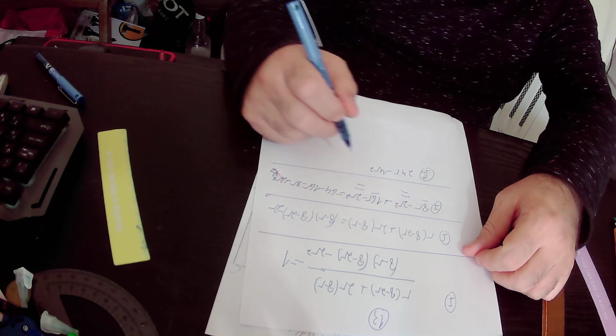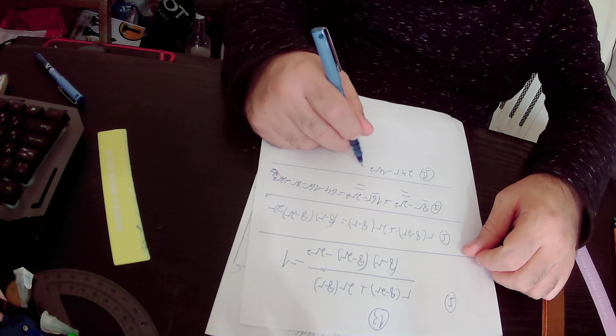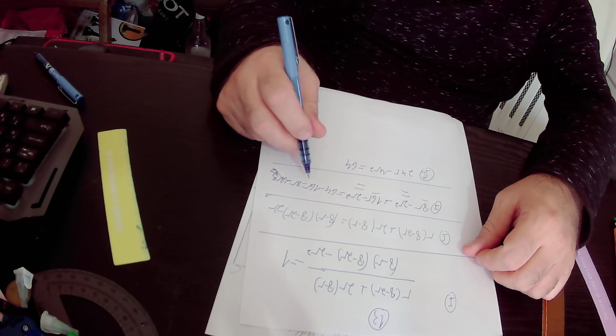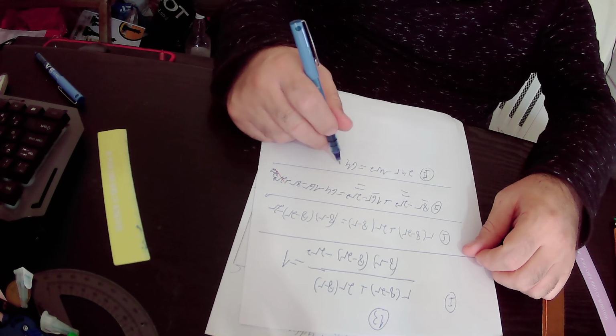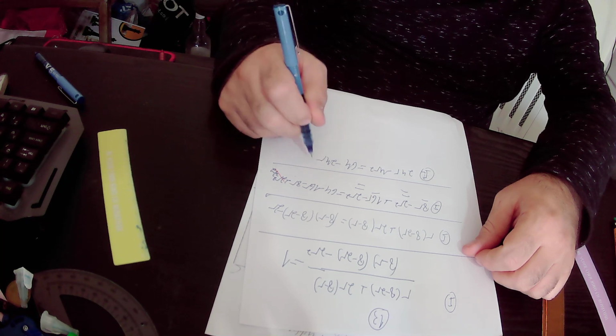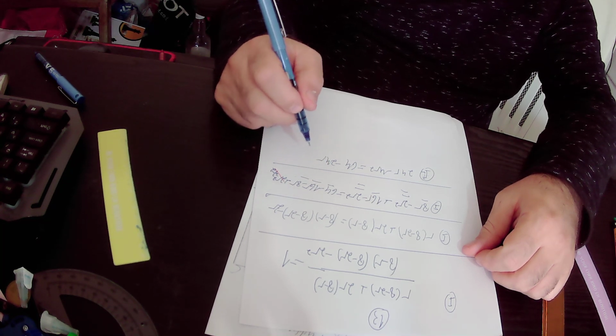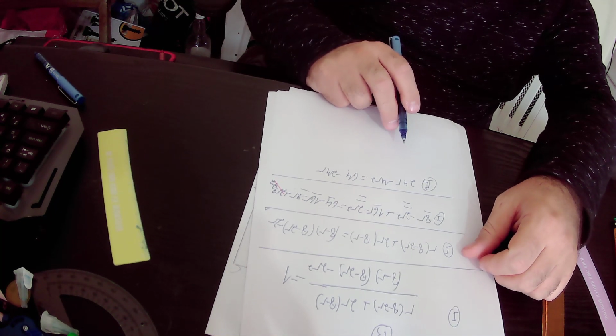It equals 64 minus 16r minus 8r is minus 24r. So that is what we got.